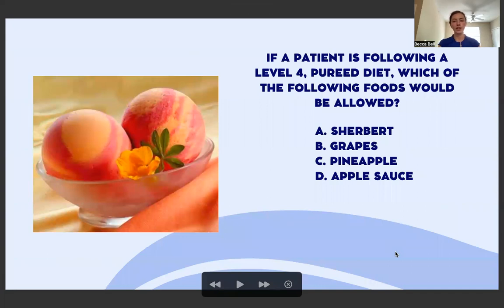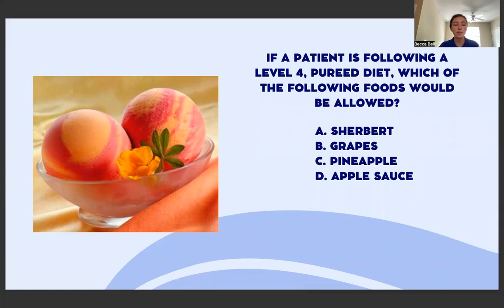Next question. If a patient is following a level 4 pureed diet, which of the following foods would be allowed? The correct answer is D, applesauce.